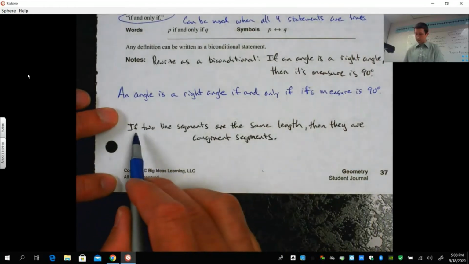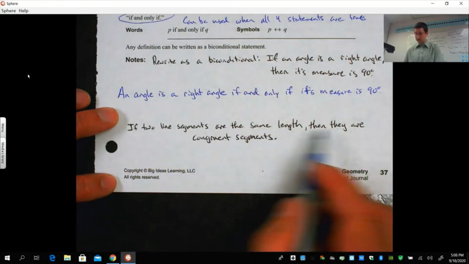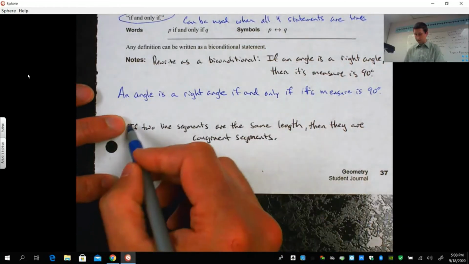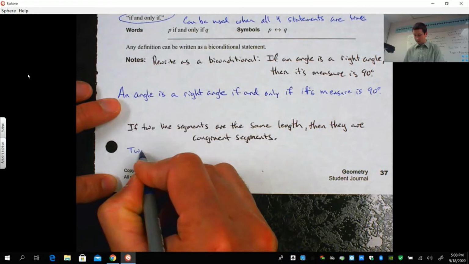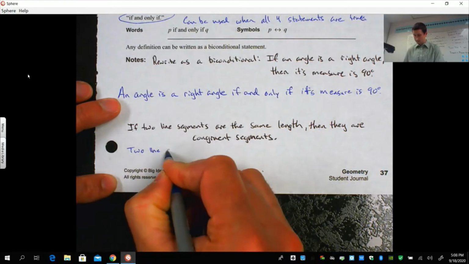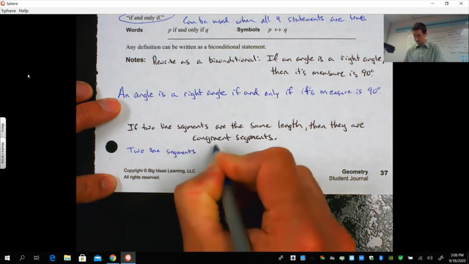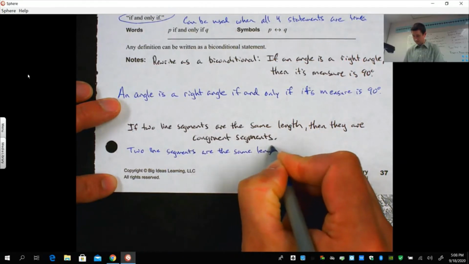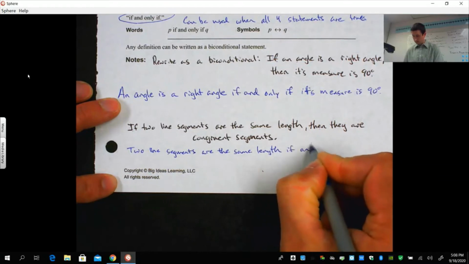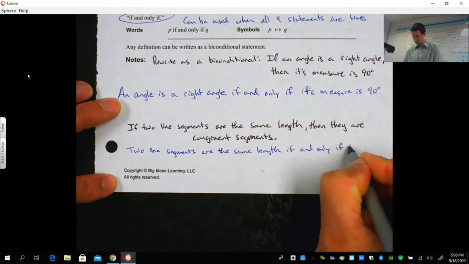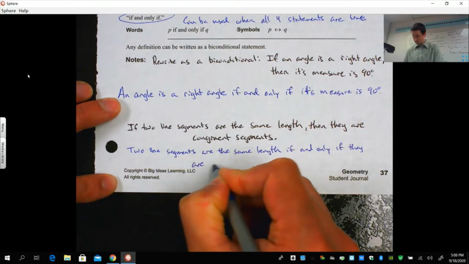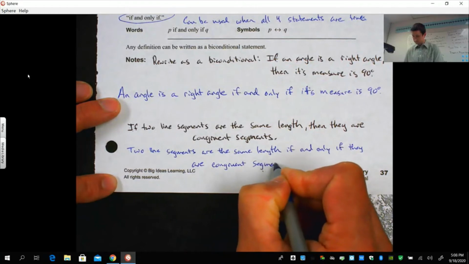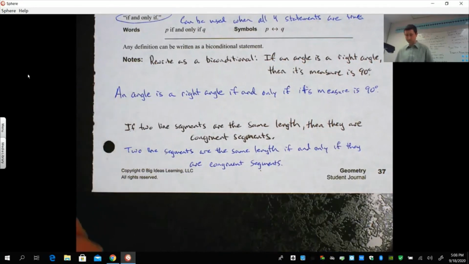Second example, if two line segments are the same length, then they are congruent segments. So here's your if, there's your then. Let's take those out, and we'll say two line segments are the same length if and only if they are congruent segments.